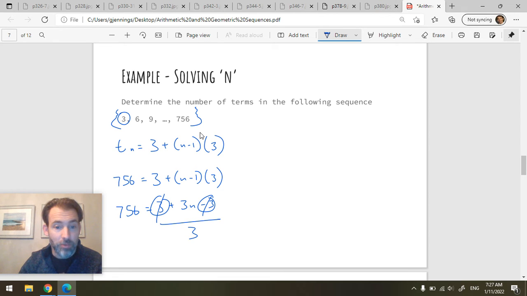So we're going to divide both sides by 3, and there's our answer, 756 divided by 3, which is, what is that? 600 would be 200, and then add 156 to that. 156 is certainly divisible by 3. 150 would be 50, and 6 would be 2, so it's 252.